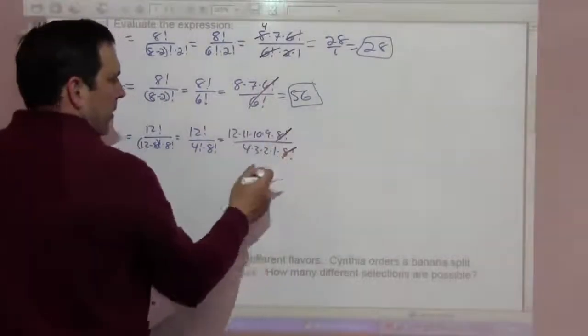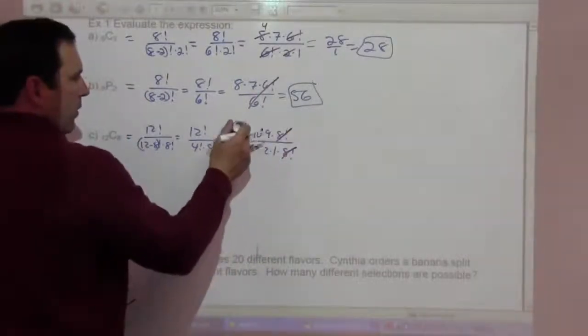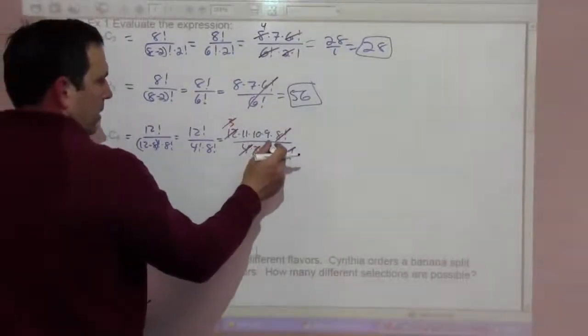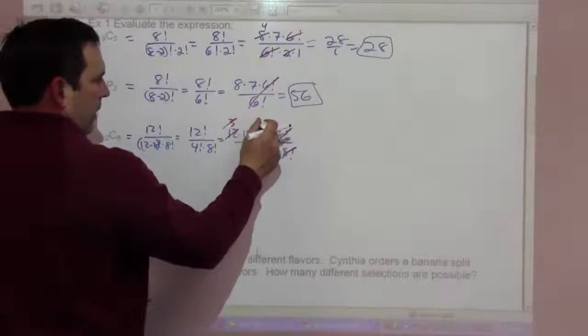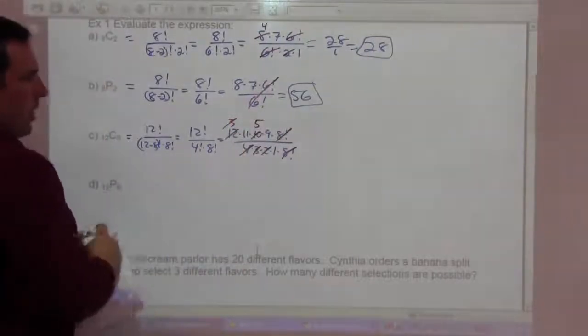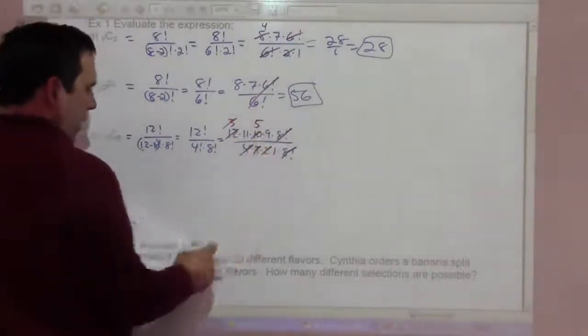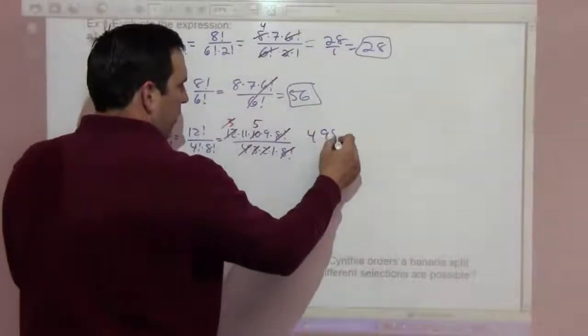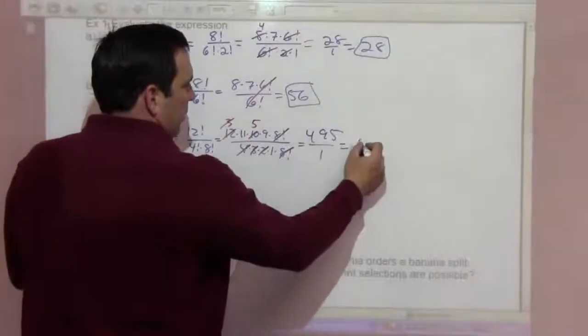So the 8 factorials will divide out. 4 goes into 12 3 times, 3 goes into 3 1 time, and you can say 2 goes into 10 5 times. So what's left is 11 times 5 times 9. That's 495 over 1, which is 495.